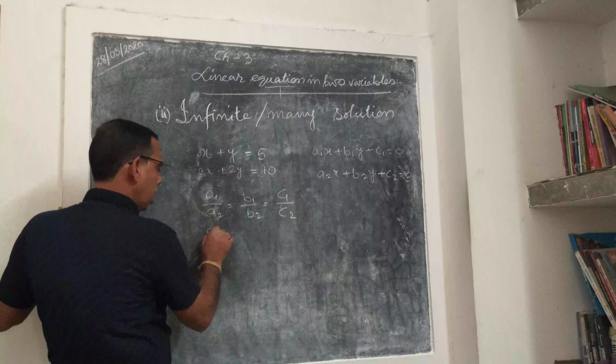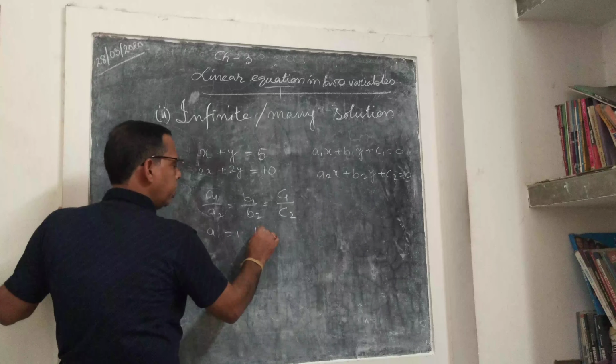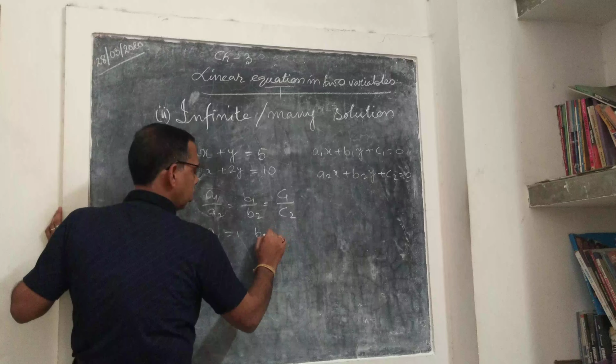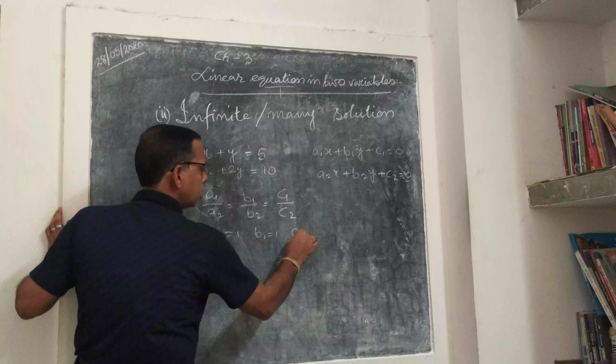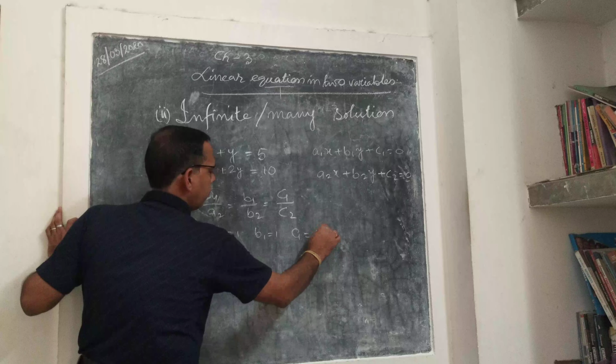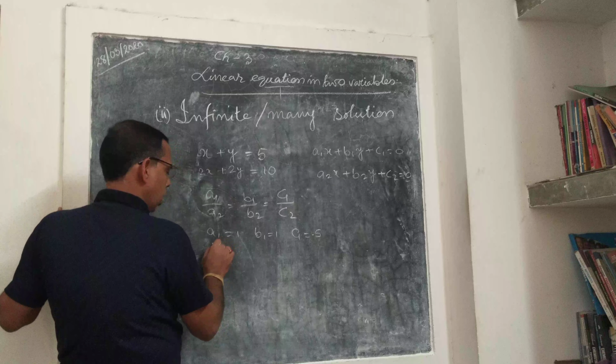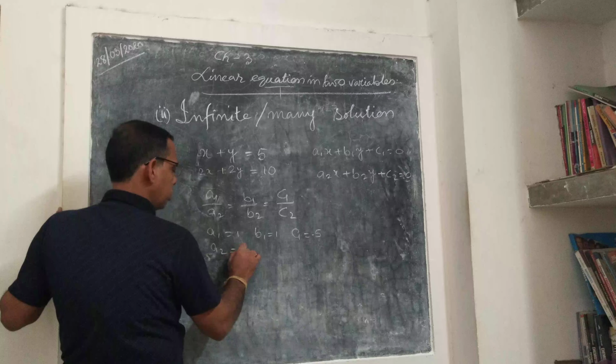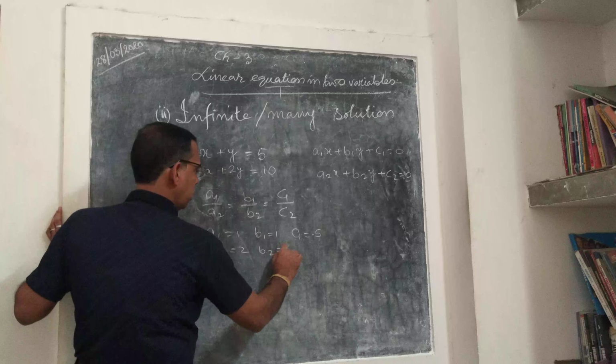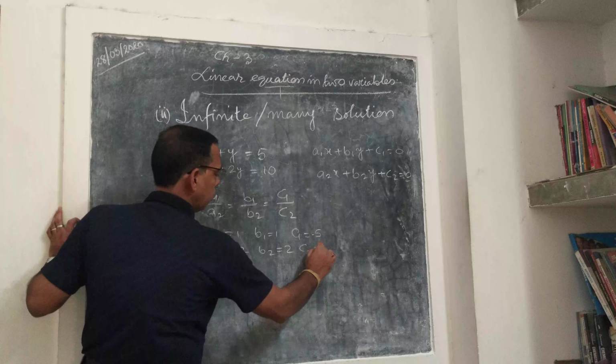See, A1 is 1, B1 is 1, C1 is 5 minus 5, then A2 equal to 2, B2 equal to 2, C2 equal to minus 10.